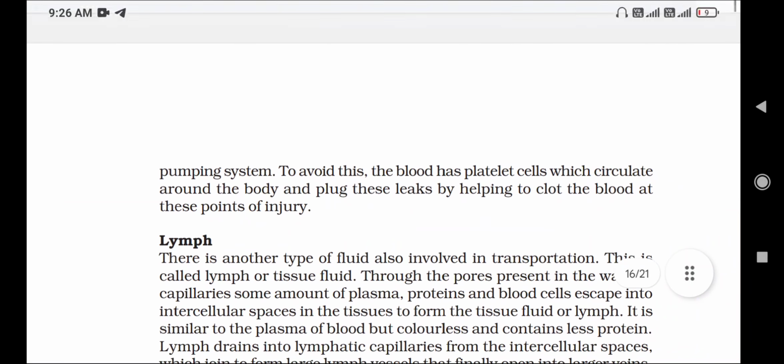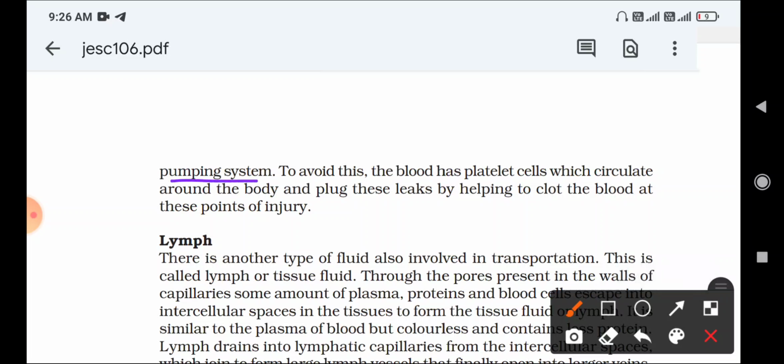So how do we stop the leakage at the time of injury? To stop the leakage at that instant, the body has a special kind of cells called platelets. The platelets will stop the leakage of the blood.